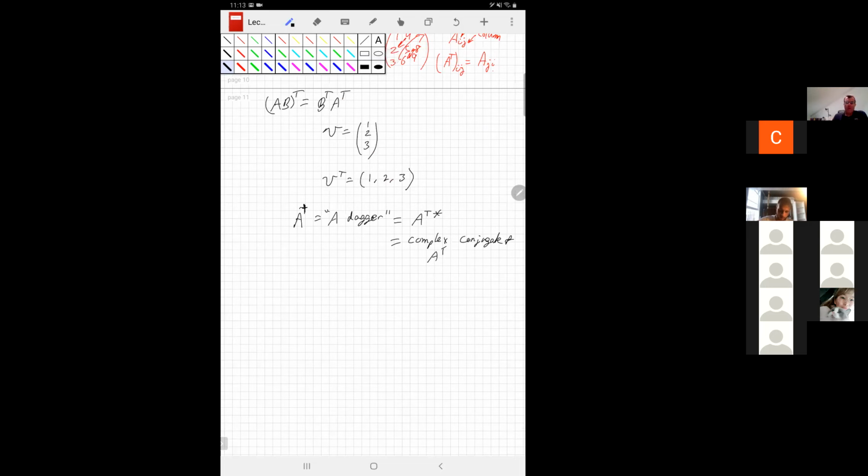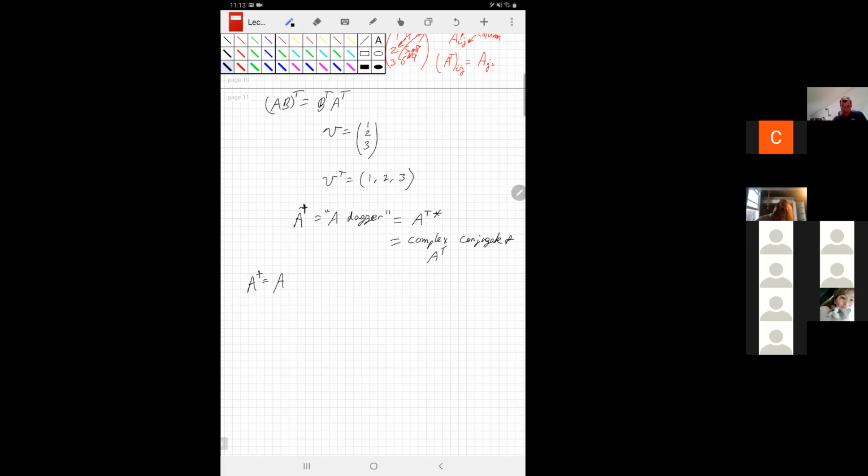Many of the most important matrices in physics are Hermitian, which means that A dagger equals A. It's not at all obvious, but it turns out that you'll learn this in quantum mechanics, that most of the kinds of matrices that you have to deal with in quantum mechanics, not all of them, but most of them, are Hermitian.